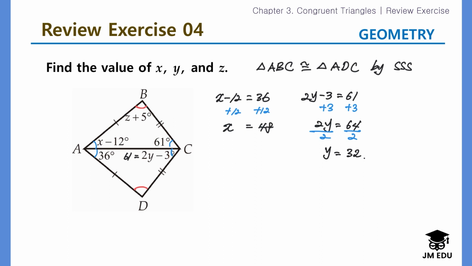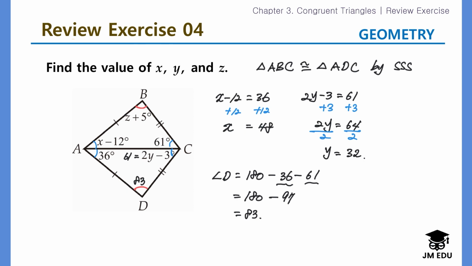Then angle D is 180 minus 36 minus 61, right? So 180 minus, that's 97, right? So 180 minus 97, that's 83, right? So this one is 83.